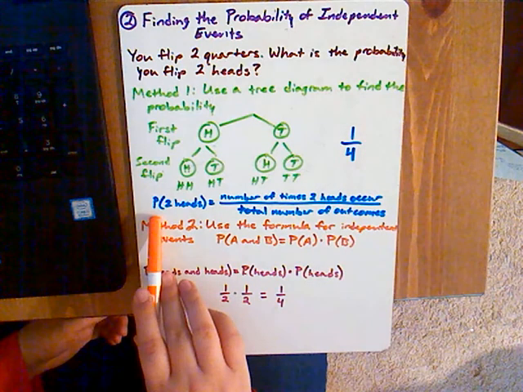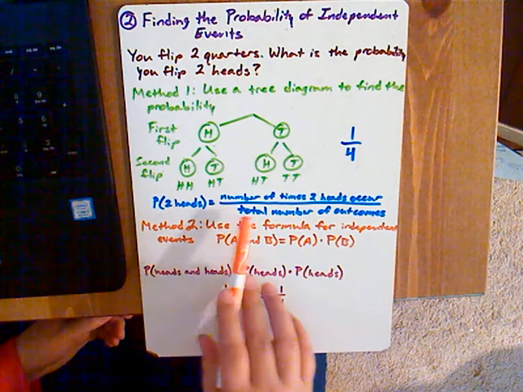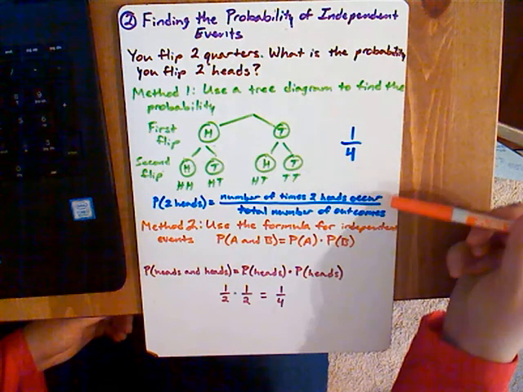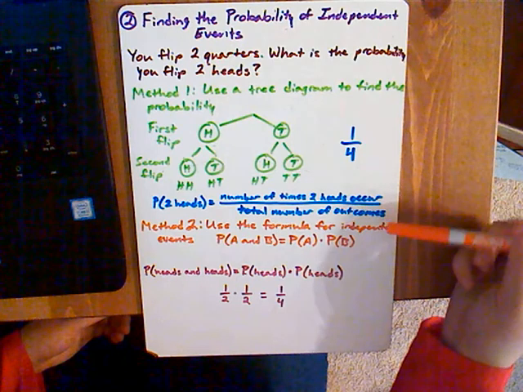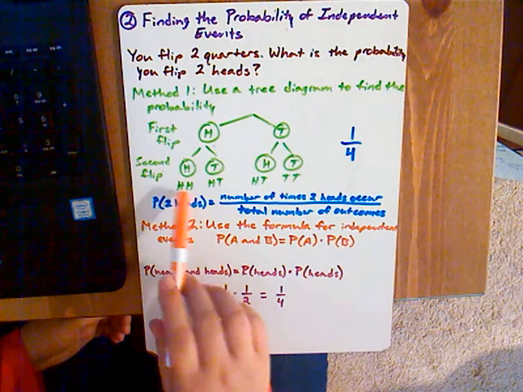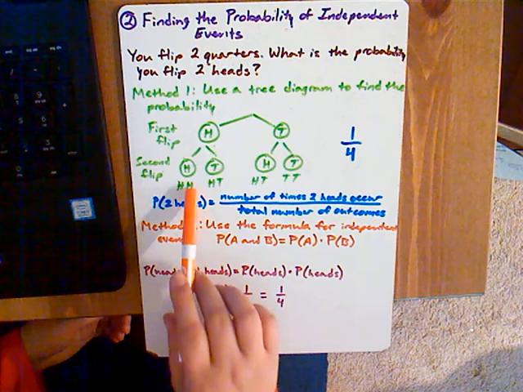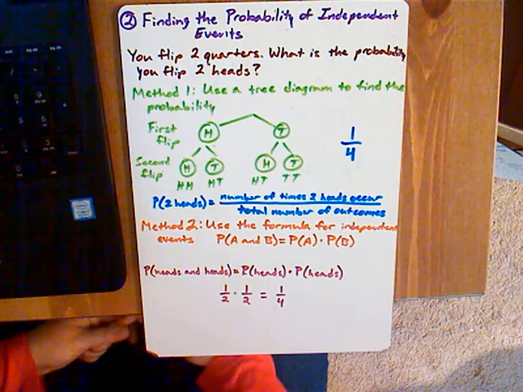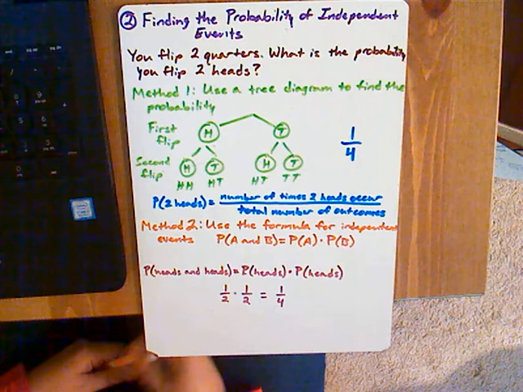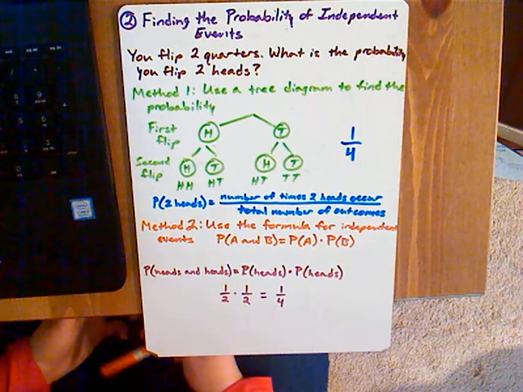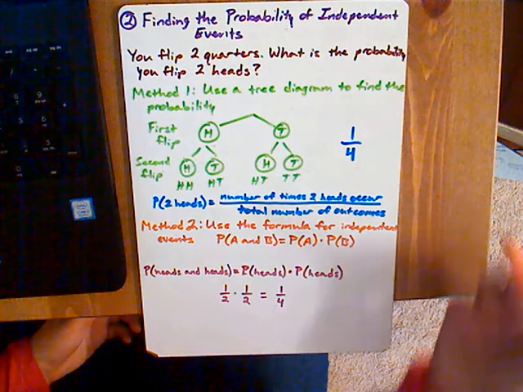So P, our probability of getting two heads, is the number of times two heads can occur over the total number of outcomes. There are 4 outcomes, and the only time that we can get two heads is there, so there's only 1. So it would be 1 over 4 for our probability. Now the second method we can use is that formula that we were looking at in our key idea.